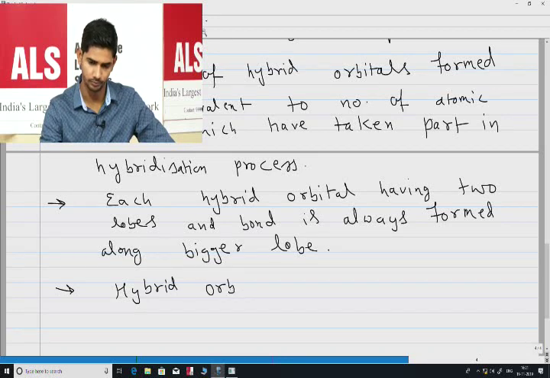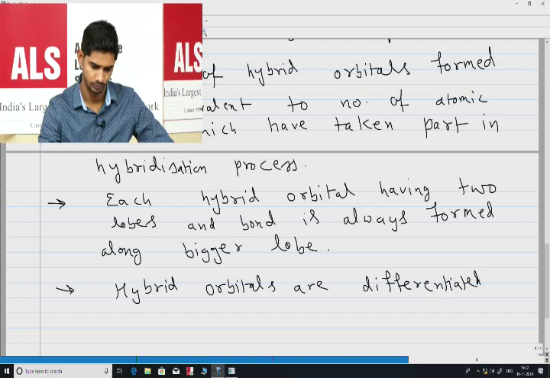Hybrid orbitals are differentiated as sp, sp2, sp3, etc.